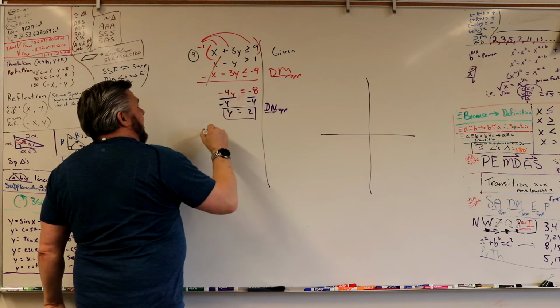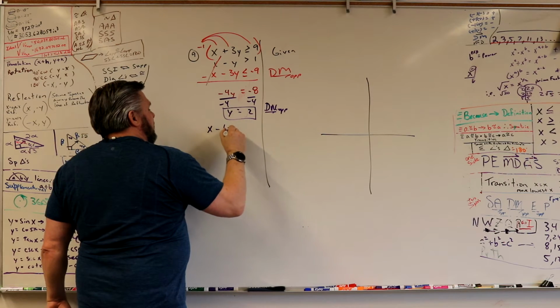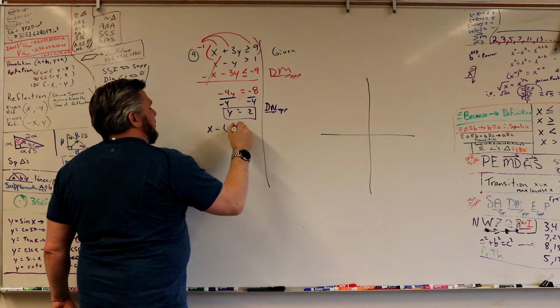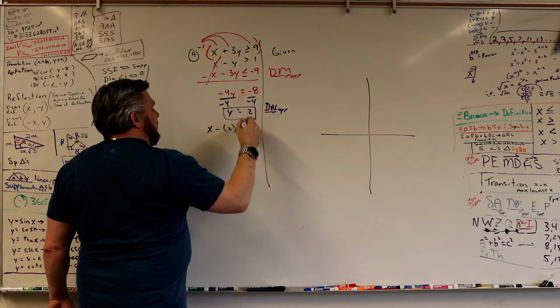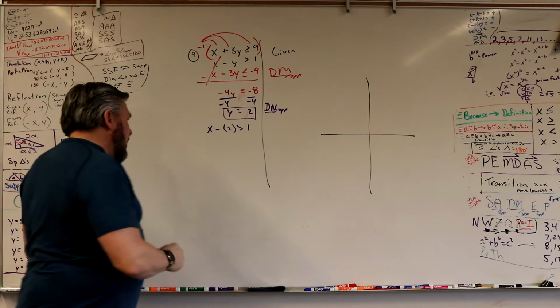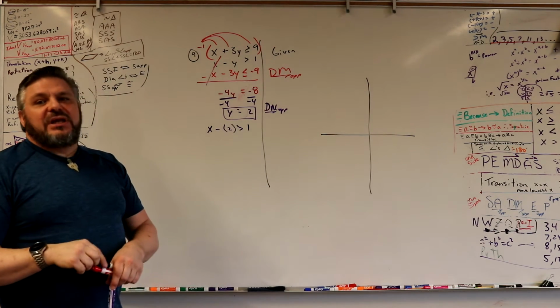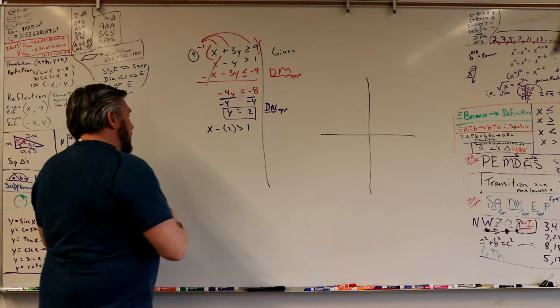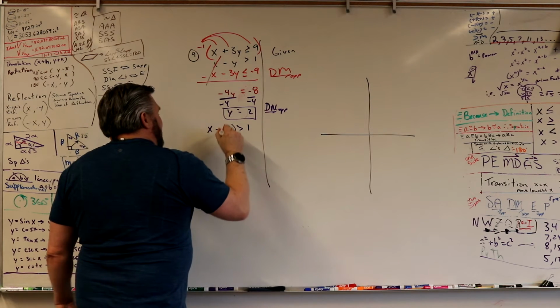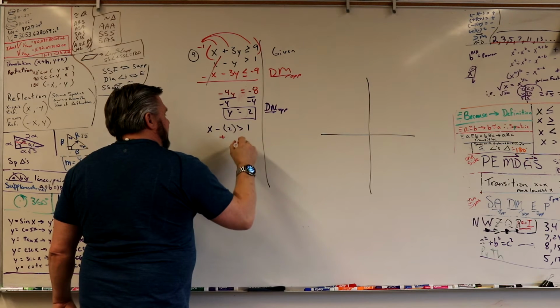So this is x minus 2, right? Because y is 2, is greater than or equal to 1. Now, once we start doing this, it's really just going to turn into an equals. So do the opposite of minus 2, so that's plus 2, right?